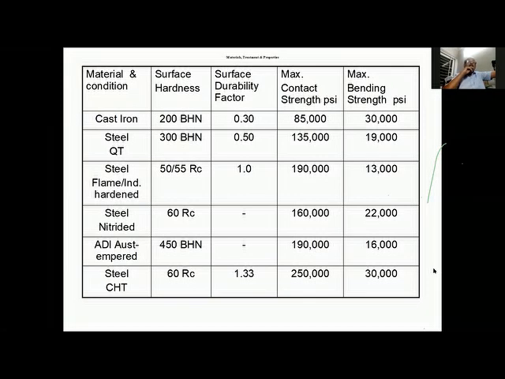Now we are looking at various gear materials, the treatments given, and the results of those. You will find cast iron used for gears, and even today it is used for some gears. It has a fairly low hardness, typically 200 BHN, and very low surface durability, that is, pitting resistance, because of the low hardness.